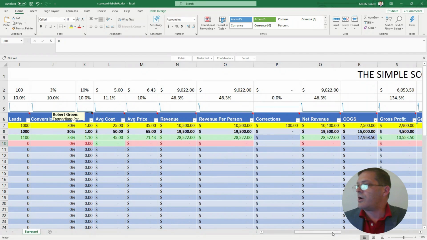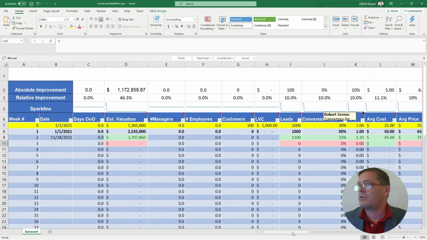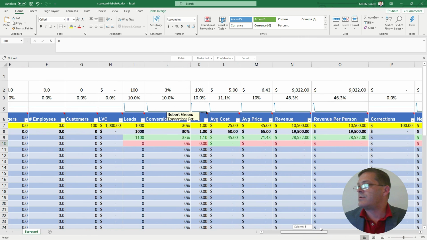So if we reduce those costs from $2,500 to $2,250, we see almost an 11% improvement in those costs, and our net profit increases.